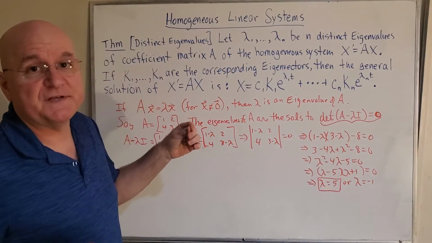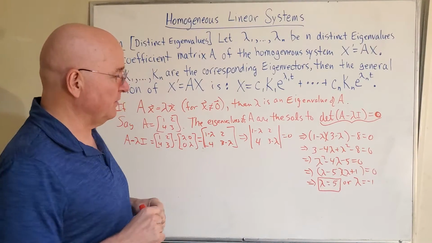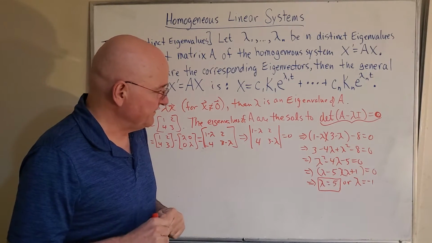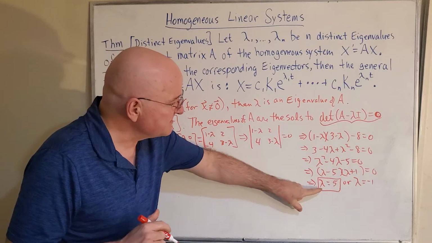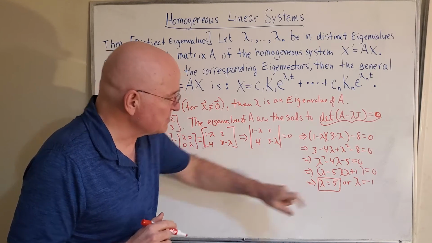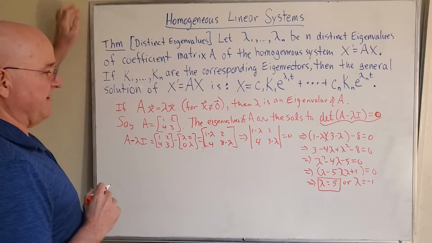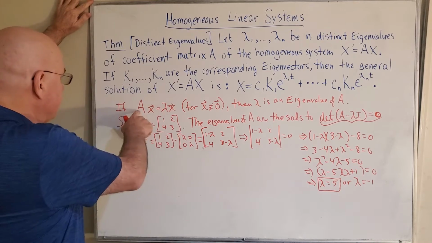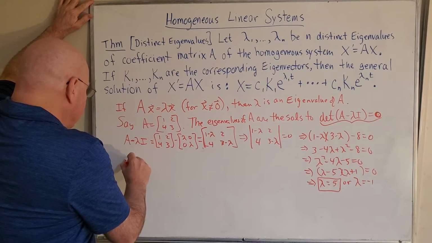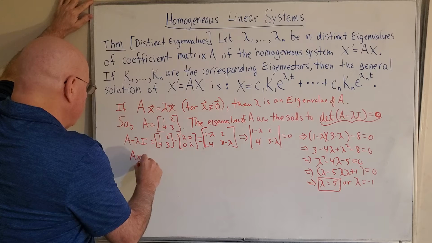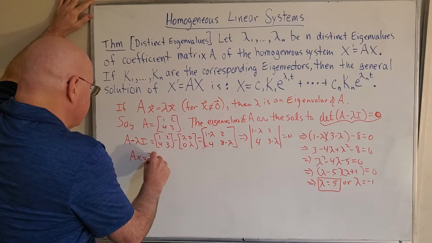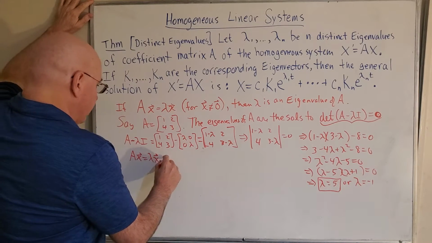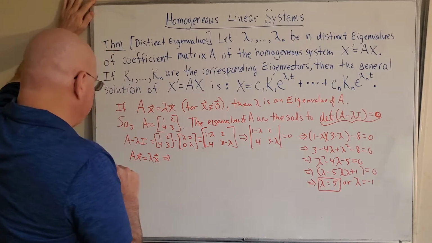Well, there are going to be an infinite number of eigenvectors that will work. We'll find out. They'll be easy to characterize, but an infinite number of eigenvectors corresponding to that lambda. Remember this? We need Ax equals lambda x. All right, well, lambda is a 5.